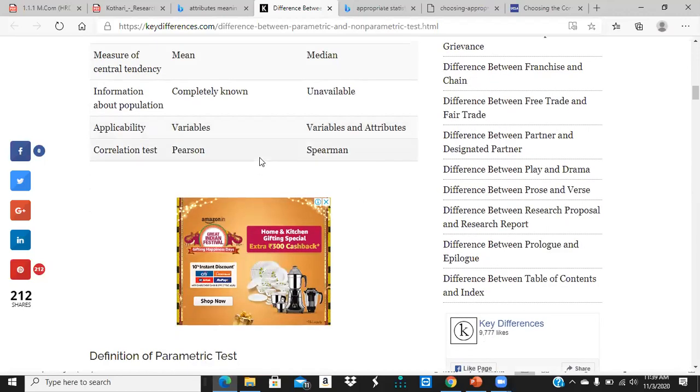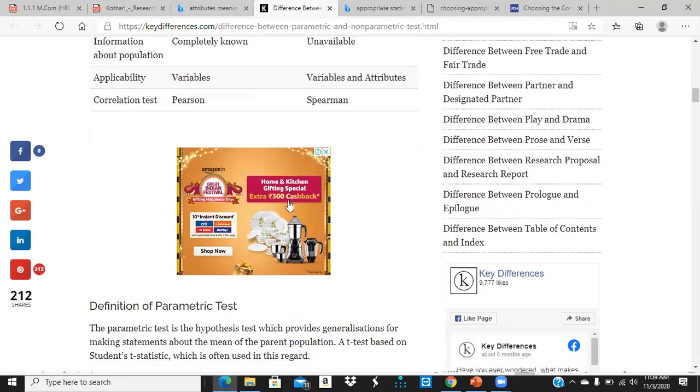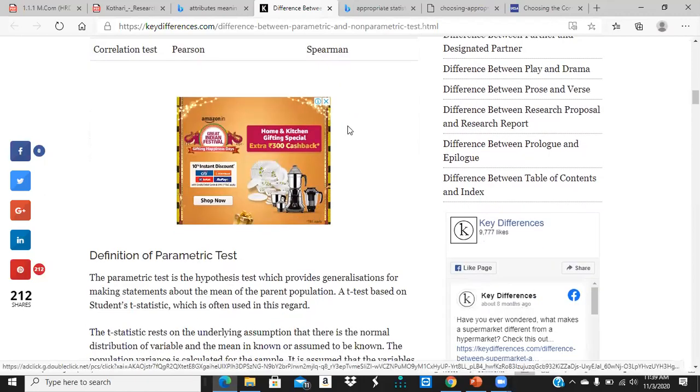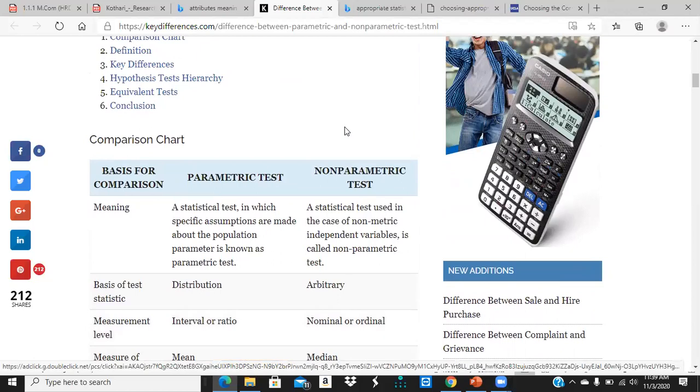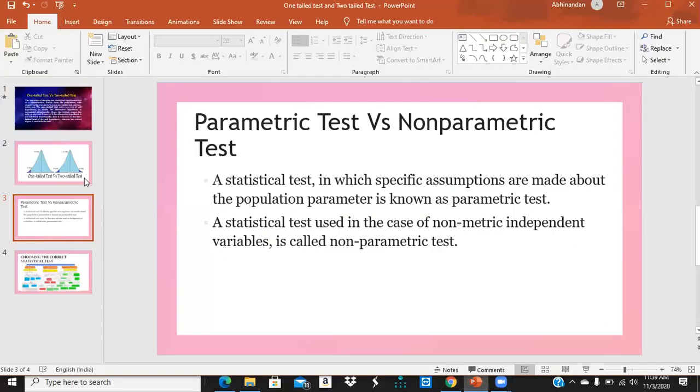For correlation, if all the above conditions are satisfied, then you go for the Pearson correlation test. And if it is non-parametric, then Spearman's rank correlation test. So these are some basic differences between parametric tests and non-parametric tests.